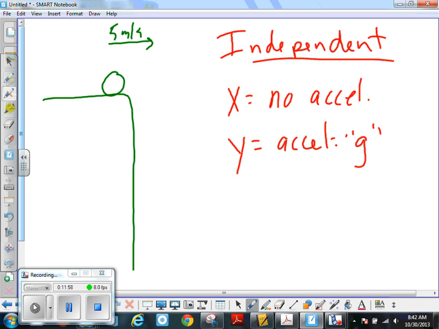Okay. So what's going to happen here is I'm going to have a certain amount of time to fall. Remember that little lab that we did when you figured out how long it took to fall from the chair, and then you figured out how long it took to fall from your hand, and then you got to stand on the table and figure out how long it took to fall.